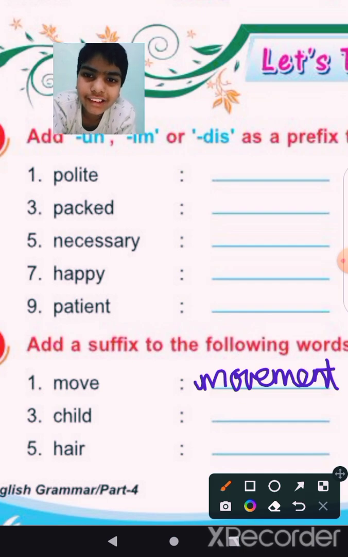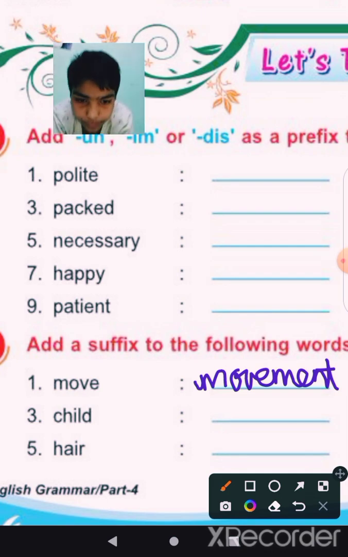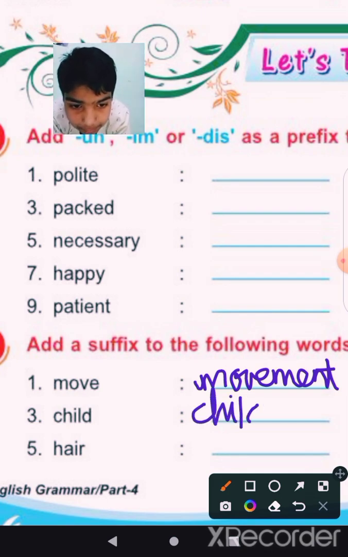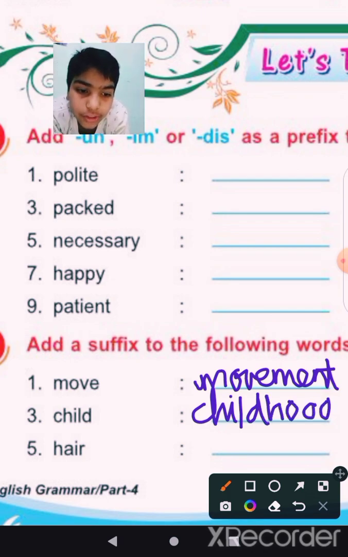If I tell you the meaning, it is your parents when they were children. What do we say? We say childhood. Childhood. So write it like that.